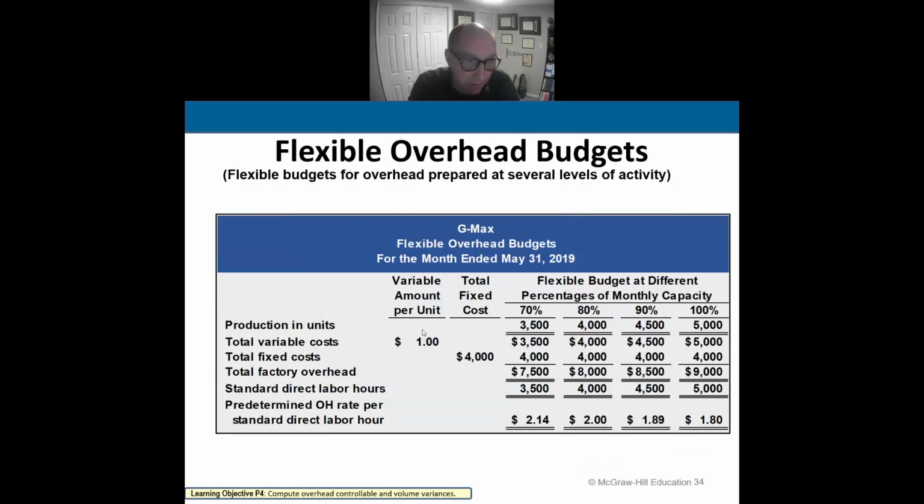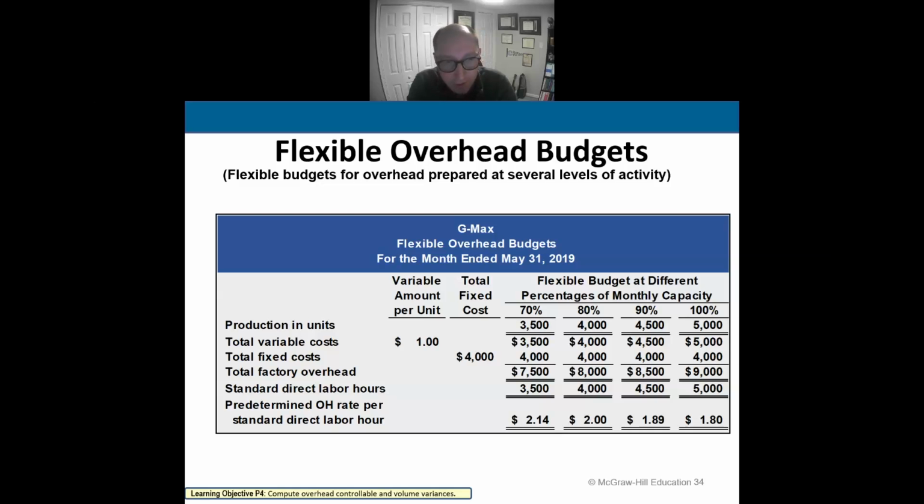And here's an example of this. This is using a flexible budget to find the overhead rates. And so we can see that it's based off of the capacity, 70%, 80%, 90%, 100%. Remember, capacity is how much I can produce. You know, that's my limits, right? I go all the way up to 100%.